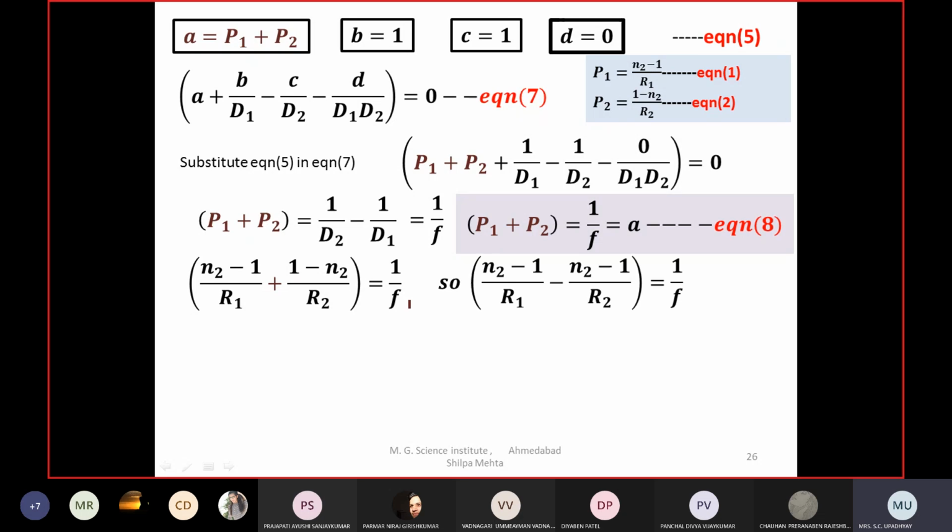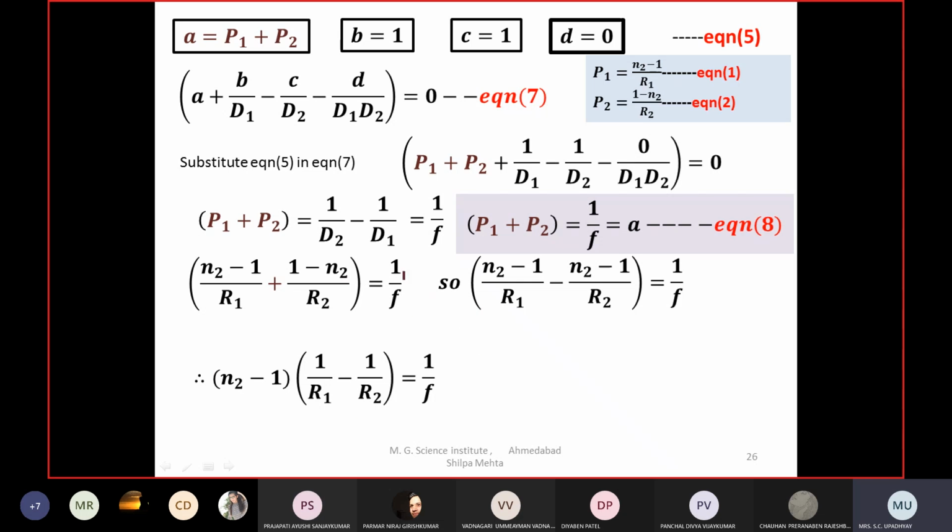N2 minus 1 upon R1 plus 1 minus N2 upon R2 equal to 1 upon F. Or we can write it as N2 minus 1 upon R1 minus N2 minus 1 upon R2, equal to 1 upon F. Here N2 minus 1 is common to both terms. Taking N2 minus 1 common, we get N2 minus 1 into 1 upon R1 minus 1 upon R2 equal to 1 upon F. And this is a very well-known equation.